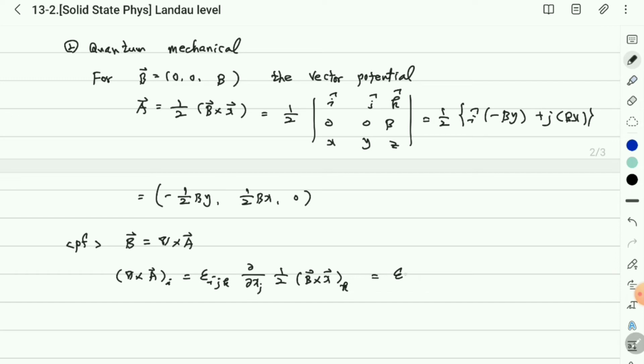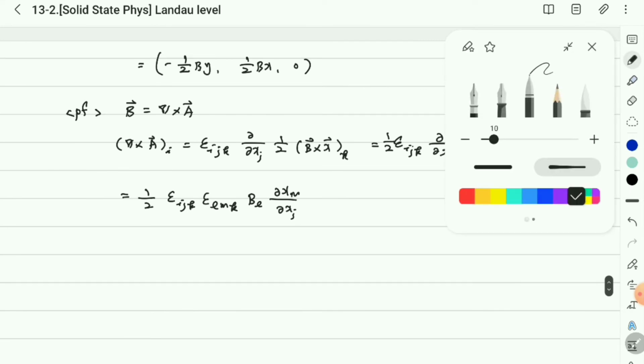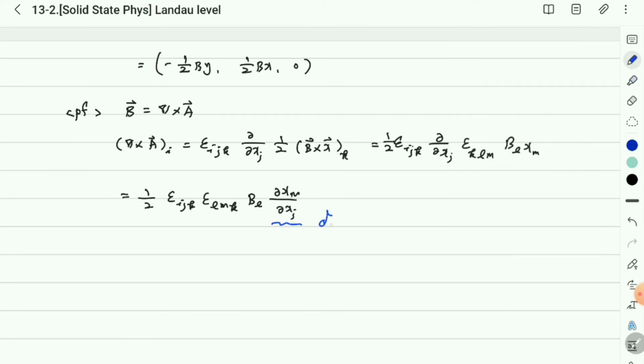Then 1/2 epsilon ijk partial x_j times epsilon klm B_l x_m, which is 1/2 epsilon ijk epsilon lmk B_l partial x_m partial x_j. Then this one is the Kronecker delta mj.